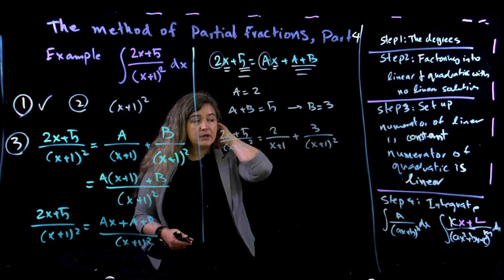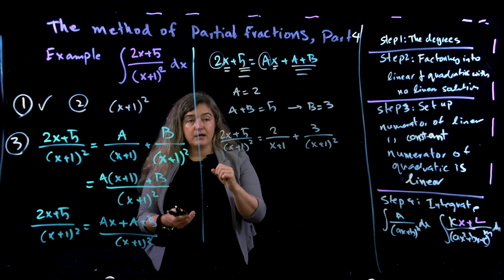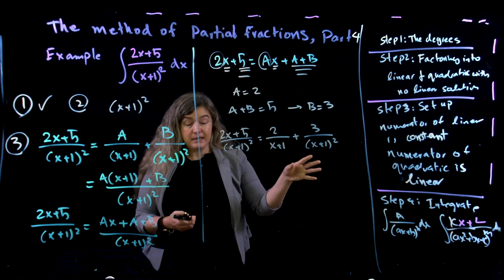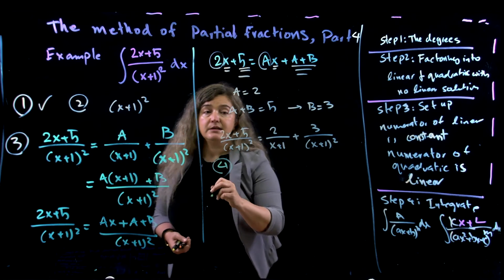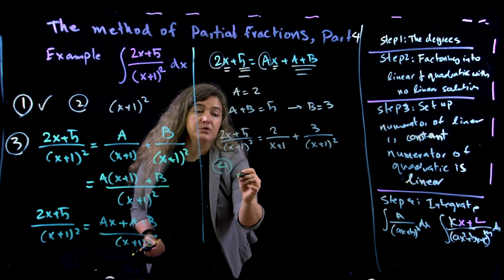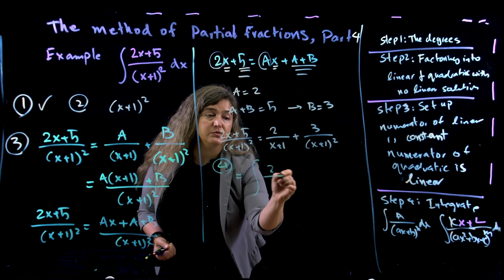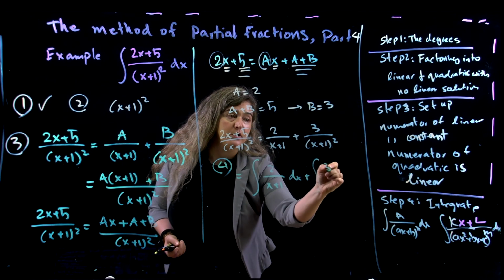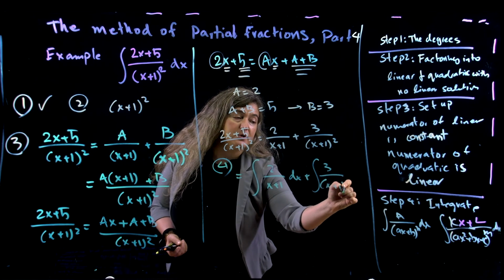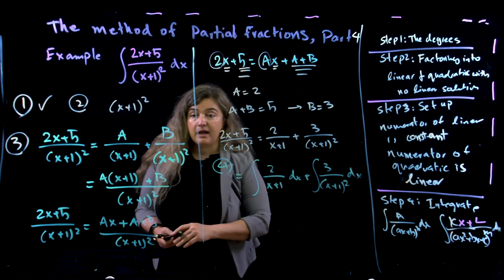And so the next step is to integrate. That integral is going to be equal to the integral of 2 over x plus 1 dx plus the integral of 3 over x plus 1 to power 2 dx.